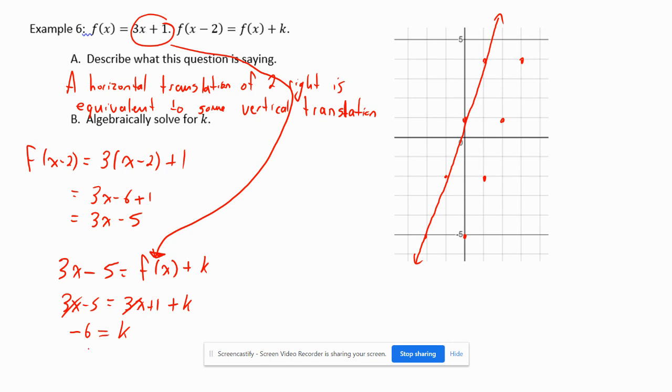This is telling us that we have a vertical translation of 6 units down. So this point going 1, 2, 3, 4, 5, 6 is taking us to this point over here. Okay, so we are getting an equivalent transformation in this question too. All right, let's move on.